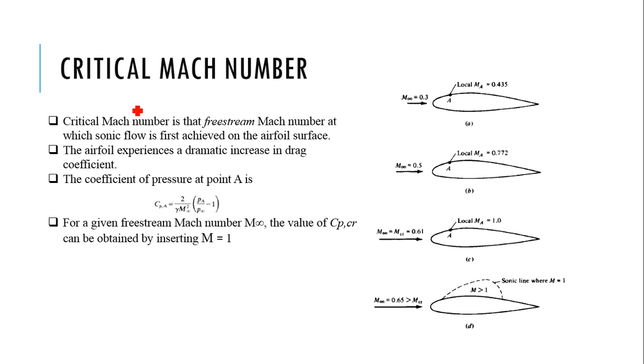So here, when the free stream Mach number turns to 1 at a point on a wing, then that Mach number is termed the critical Mach number. So why do we think that transonic flow is a difficult flow to understand, or that the transonic region is difficult to predict, or that the theories we studied, like linear potential theory, are not valid for transonic flow alone?